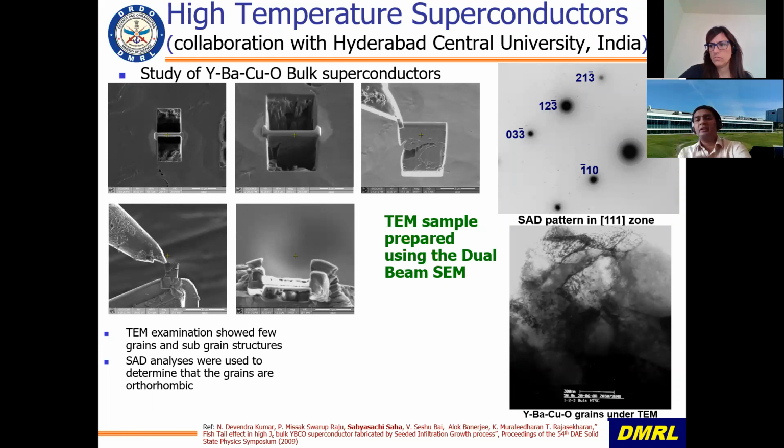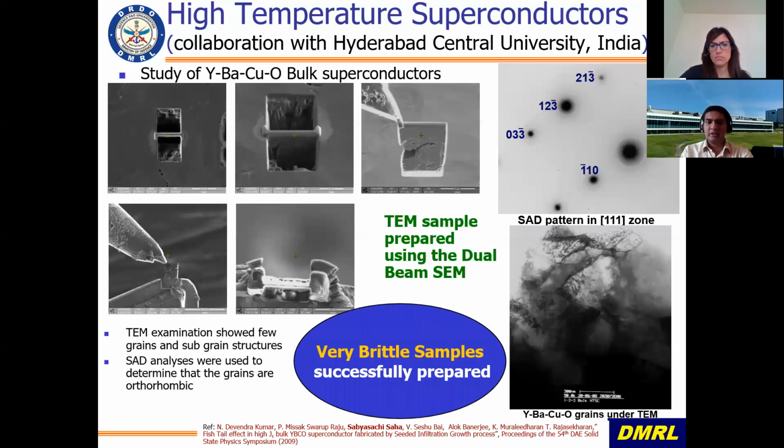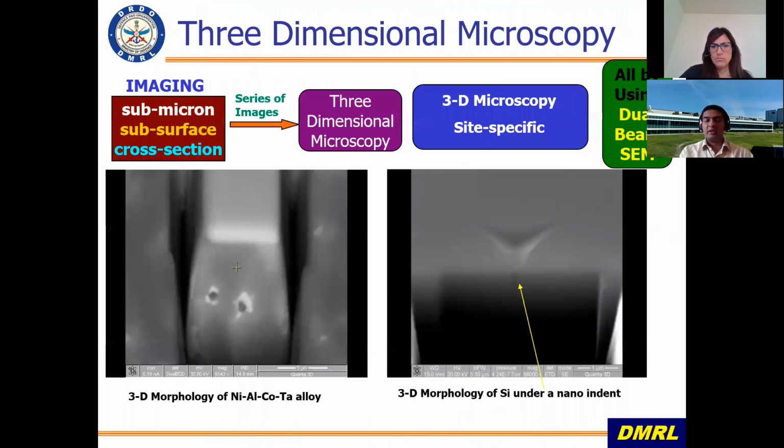And then we studied that for the different subgrain structures and analyzed it. So this is another example where the dual beam proves to be quite useful, because we can use it for preparing samples for studying in the TEM in a very nice manner.